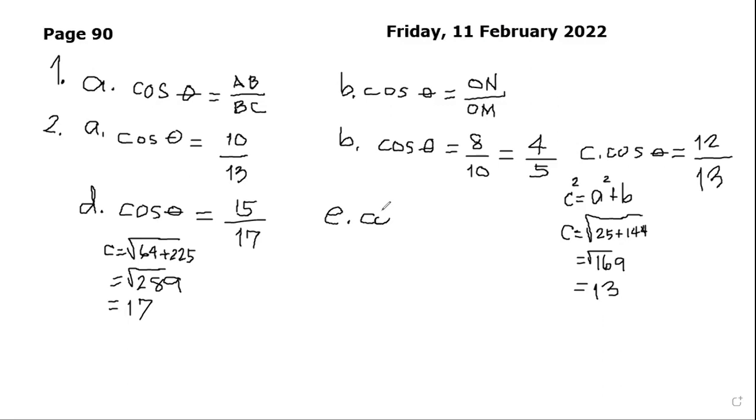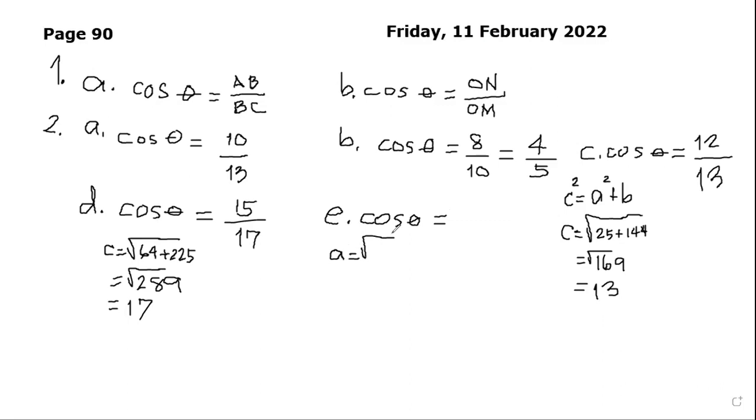We don't know the adjacent side. So the value of A equals the square root of c squared minus b squared.